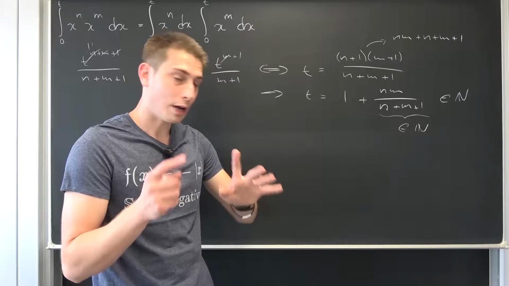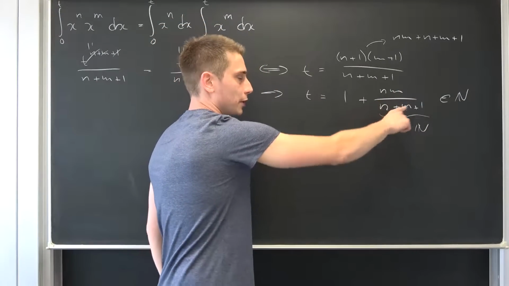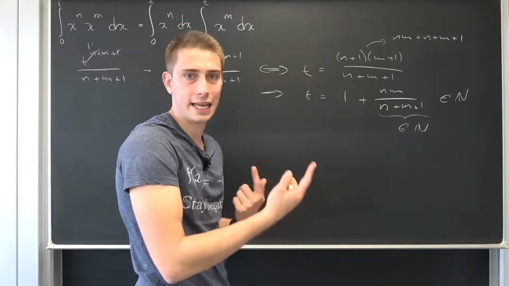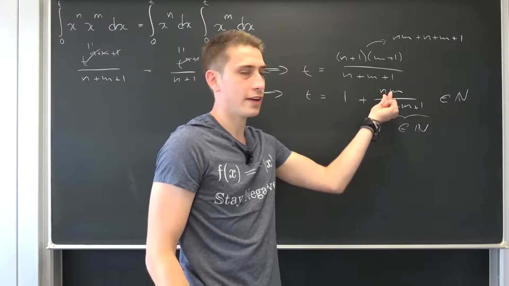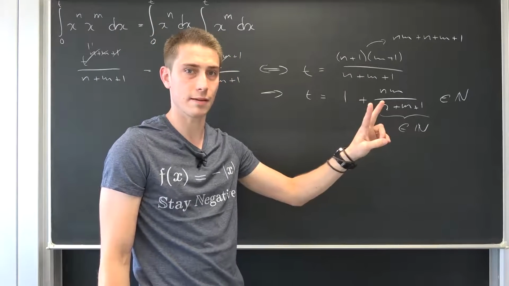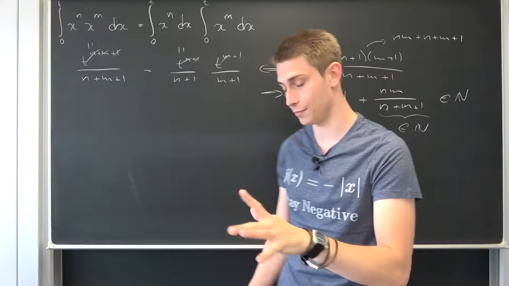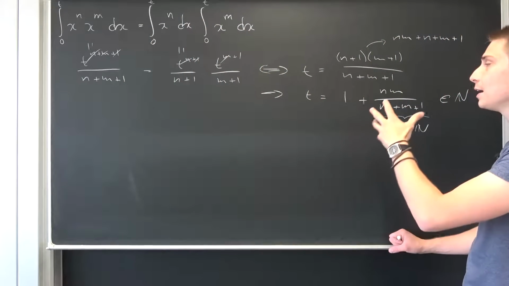One cool thing is we can get rid of one case immediately because this thing right here is symmetric in n and m. So if we have n being odd and m being even, we don't need to do the same thing yet again with m being odd and n being even. This is not something we need to do right here.